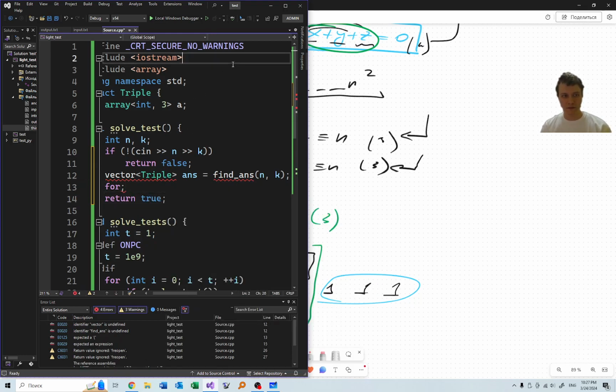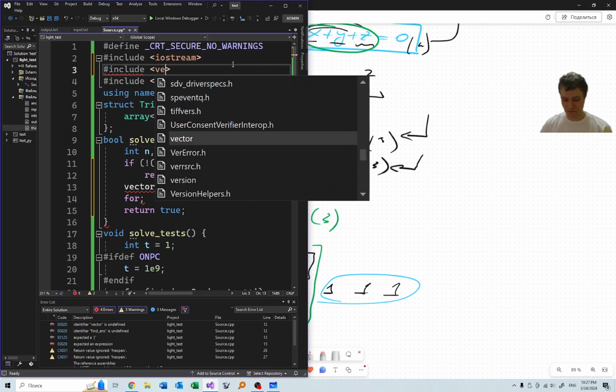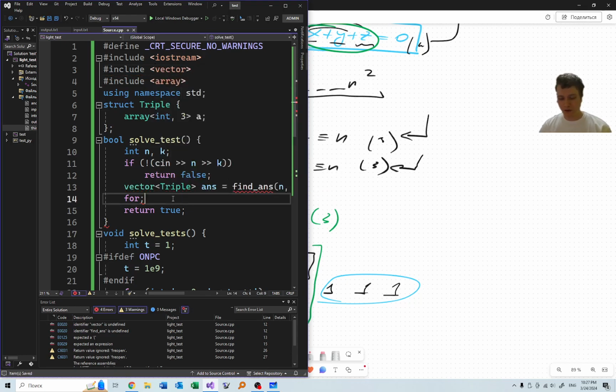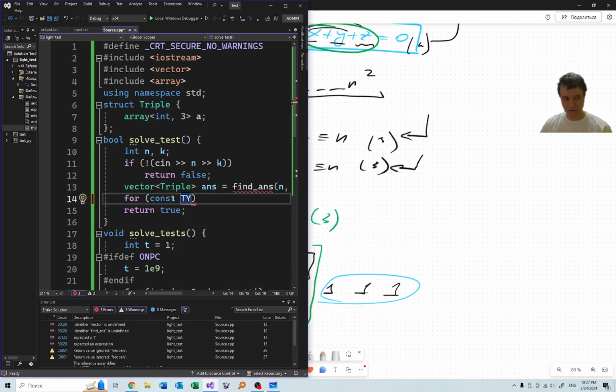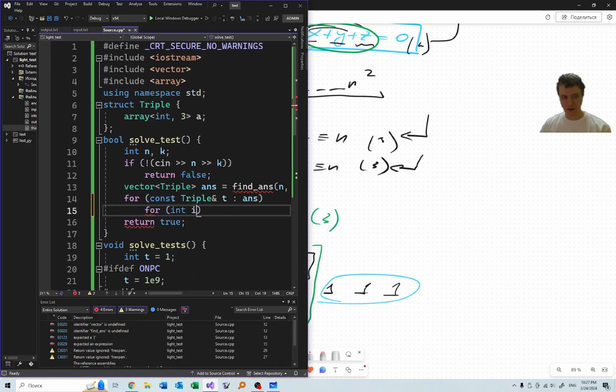Also, we need a vector for triple, we need to write all the numbers.